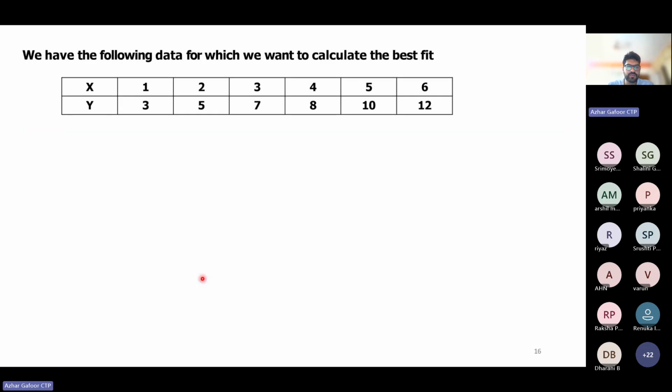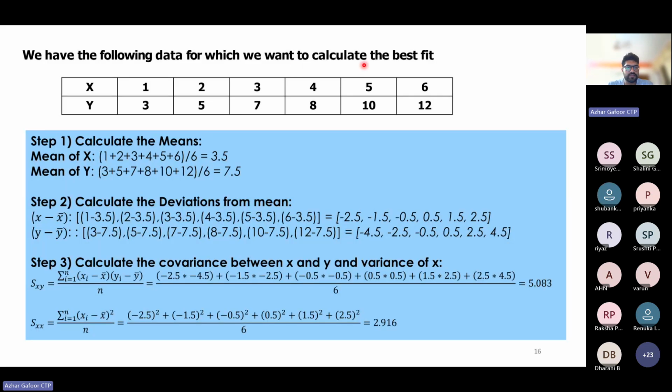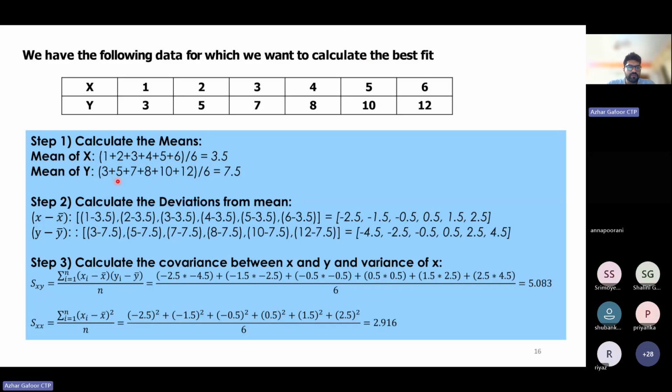So let's see how we will use this formula. Here is an example. Here x is our independent variable and y is the dependent variable. We have to find the line which best fits this data. The steps that we will follow: first we have to find the mean of x and mean of y.